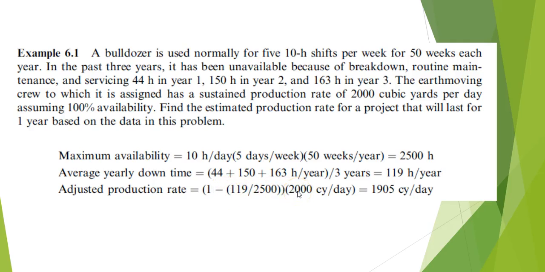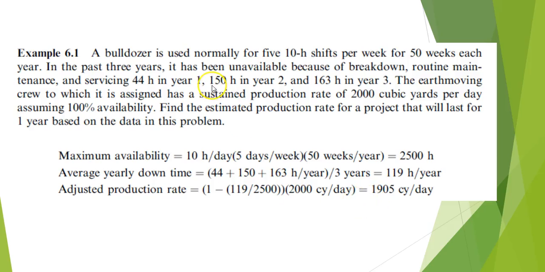And then if you multiply that percent of availability by 2,000 cubic yards per day, it tells you that, based upon this historic average, 1,905 cubic yards per day is the production rate for that piece of equipment.